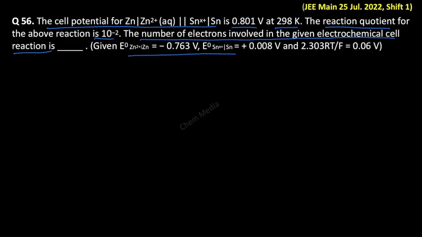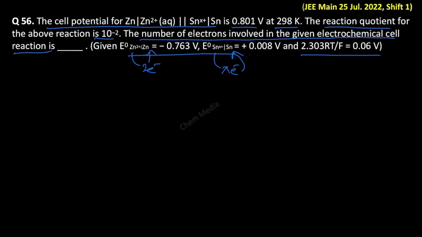The reason I am saying they are reduction potentials is because zinc 2 plus has to gain 2 electrons, then only it can become zinc. Likewise, tin X plus, we have to find the X value here, has to gain X number of electrons so that it can become tin. So standard reduction potential values are given, and this is the value we use in the Nernst equation.